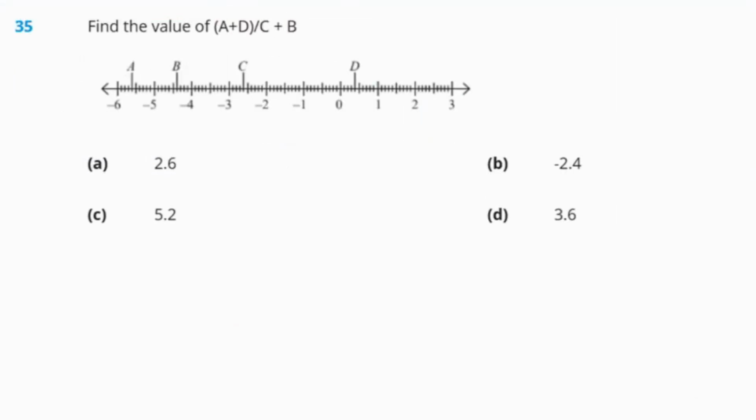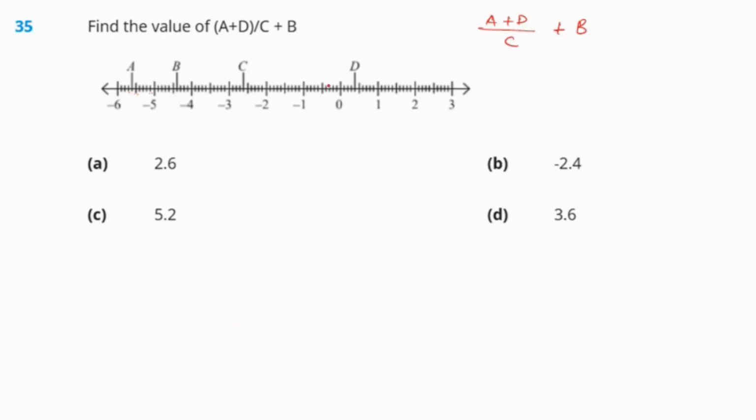So next is what? Find the value of A plus D, we need to divide it by C, and after that we need to add B. Okay, so if we are going to do that, so A plus D we will be getting. Okay, so the value of A from this, if we are going to figure out, so that is what? 1, 2, 3, 1, 2, 3, 4, 5, 6, 7, 8, 9.